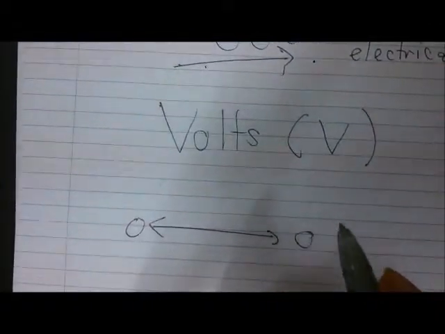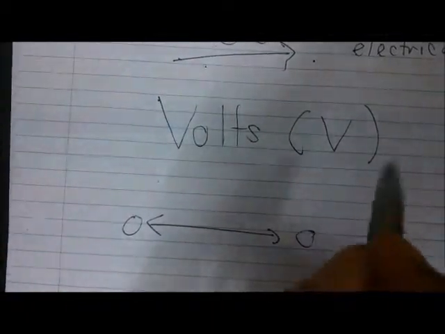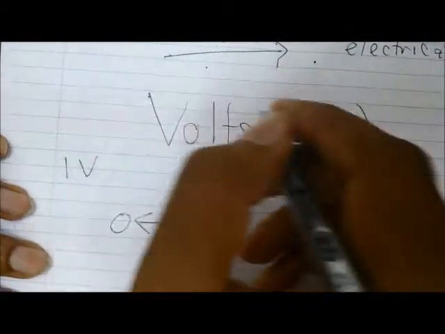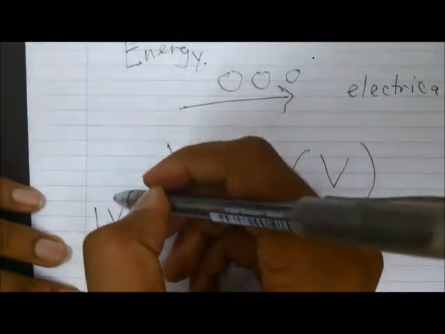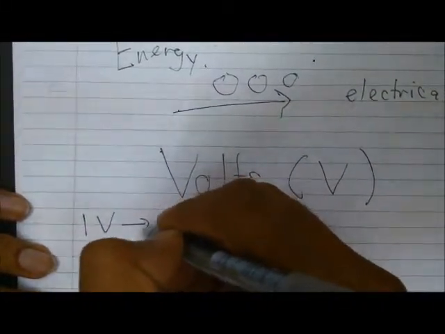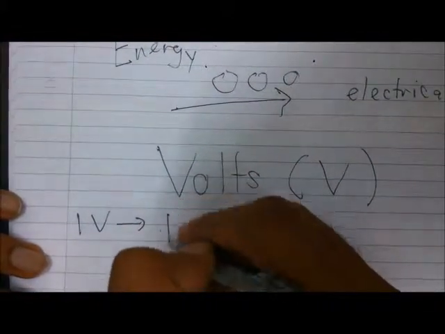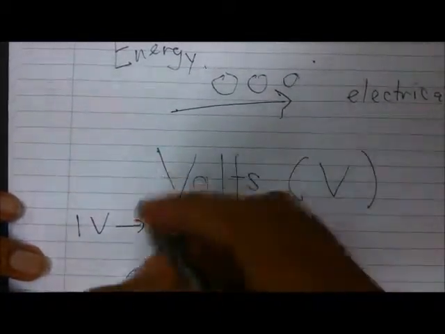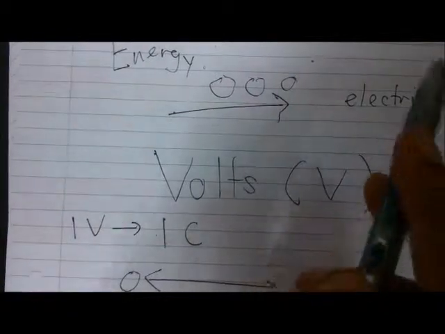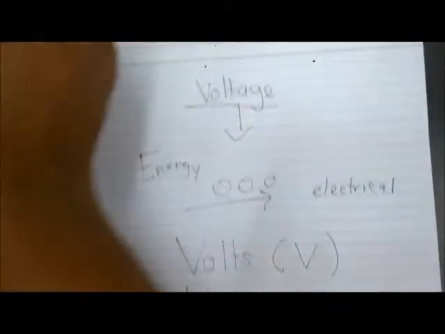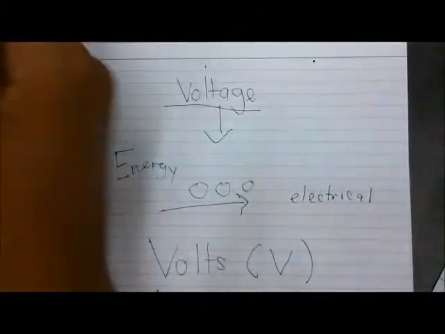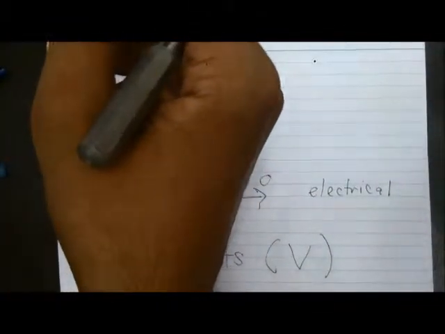Let's say 1 volt: it is the potential difference used to move 1 coulomb of charge. So we can say that the potential difference needed and the amount of energy used are proportional. Voltage is needed to pass energy from one point to another.